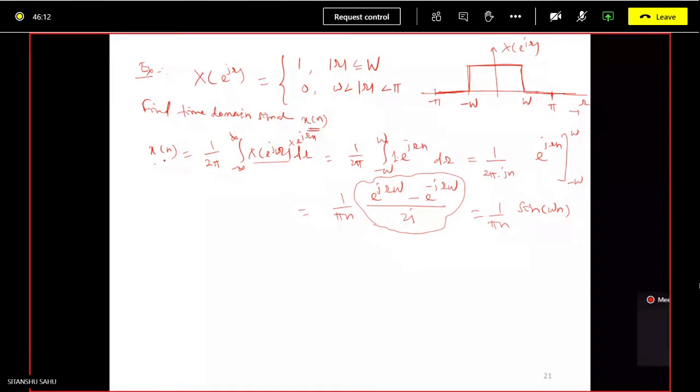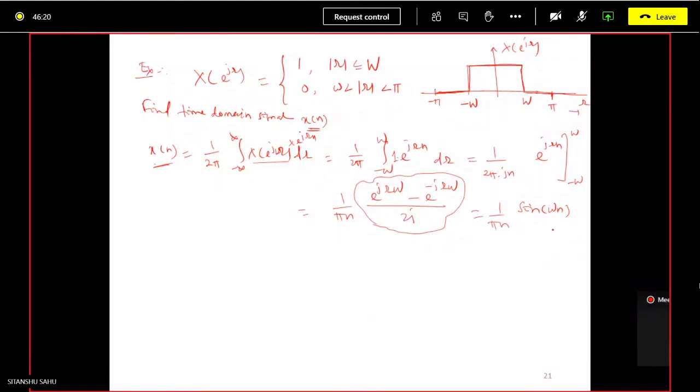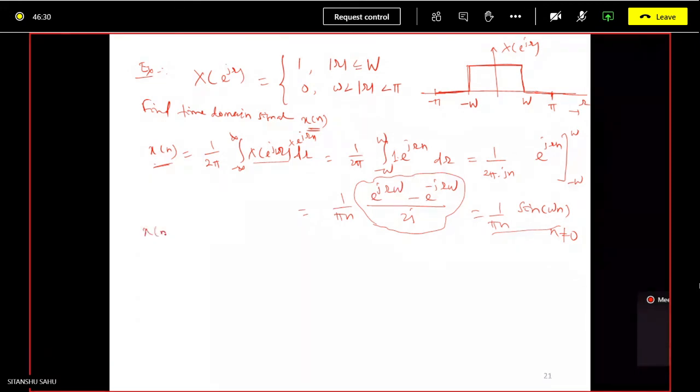So this x of n becomes undefined for n equal to 0. But for all other values, n not equal to 0, this function will hold good. Then again we have to find out some value of x of n for n equal to 0.